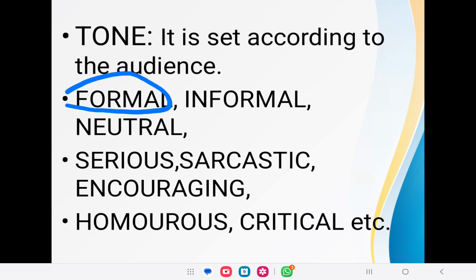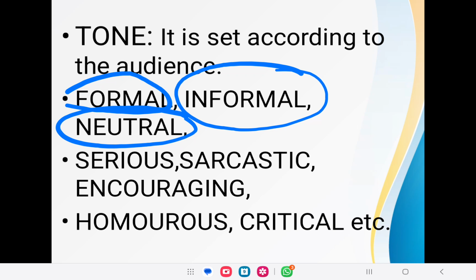If your audience is young people, and if that is an article, you are going to adopt a neutral tone. There's no need to be very informal while writing an article. But if you are writing an informal letter, and the audience is your younger brother or your cousin, you are going to adopt an informal tone.